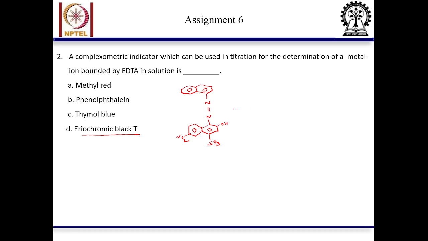Now, what happens if we have this OH here, and SO3Na, at pH greater than 6? What change will happen?